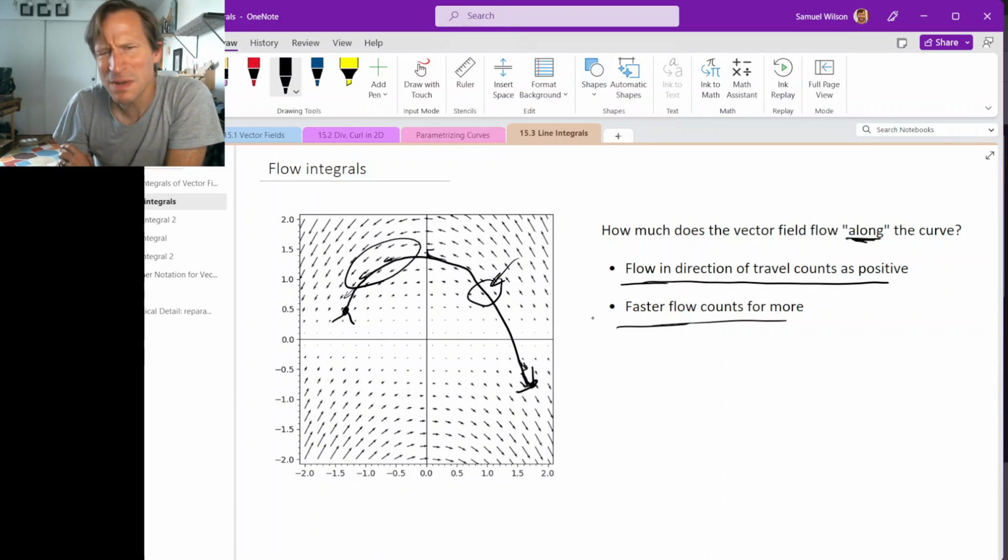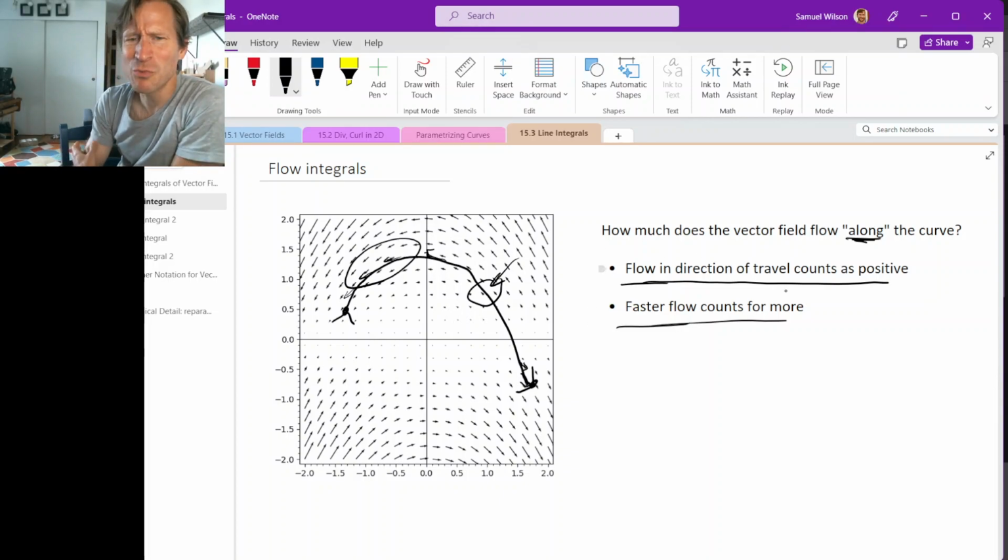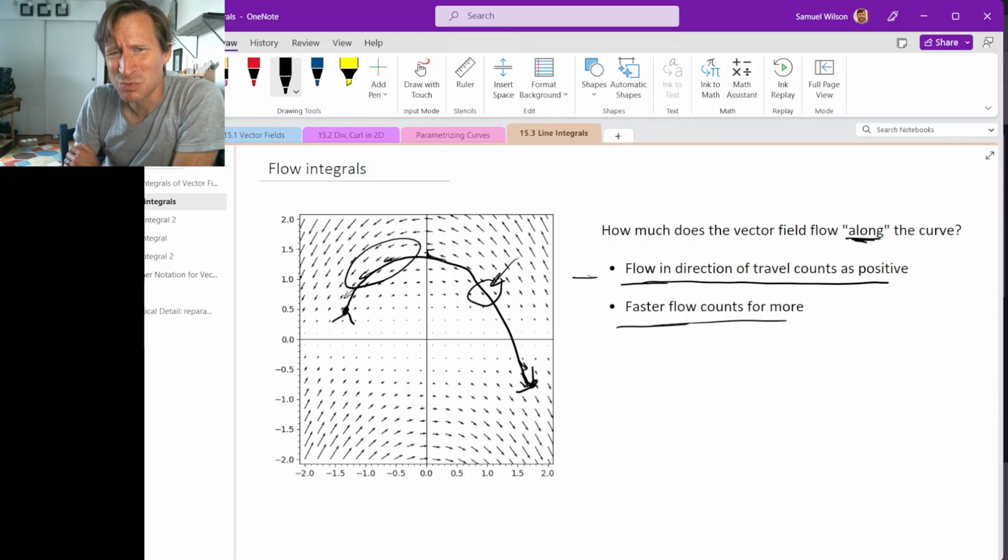But if you think about it, we already have a way of measuring this if we have two vectors. If we have two vectors, the dot product will do these two things. The sign of the dot product tells you whether two vectors are pointing mostly in the same direction or mostly in opposite directions.